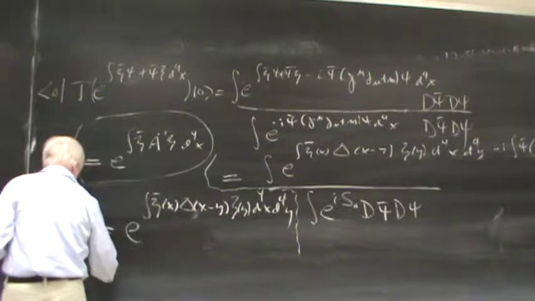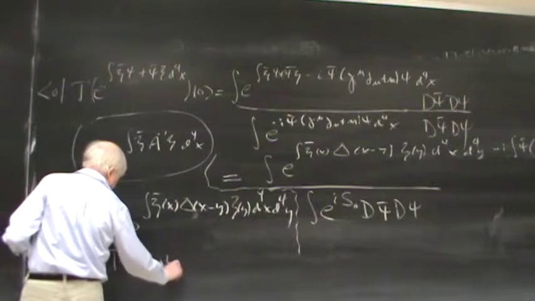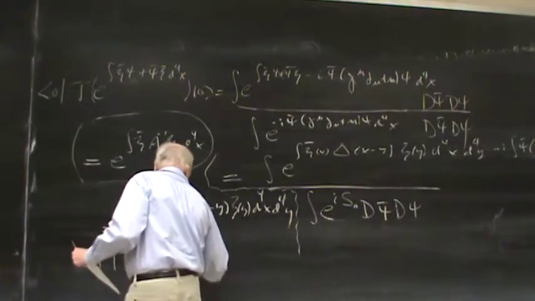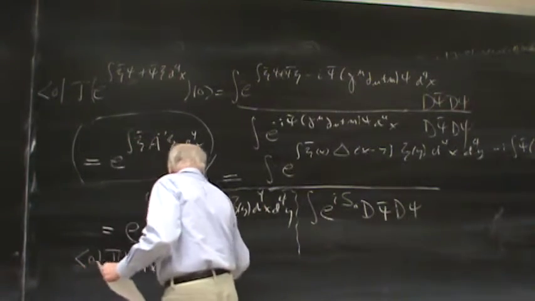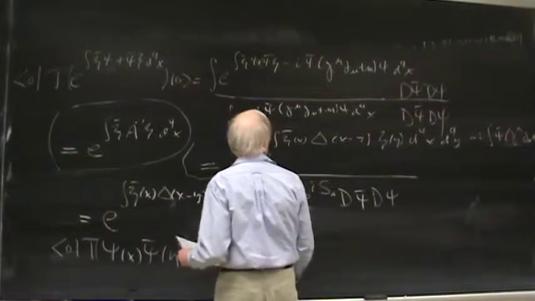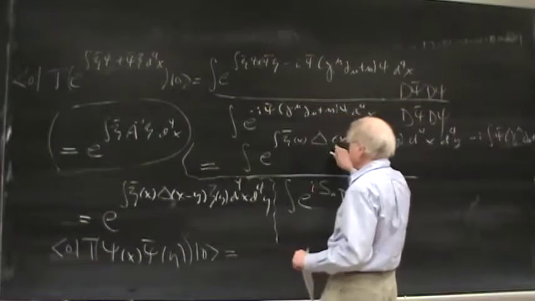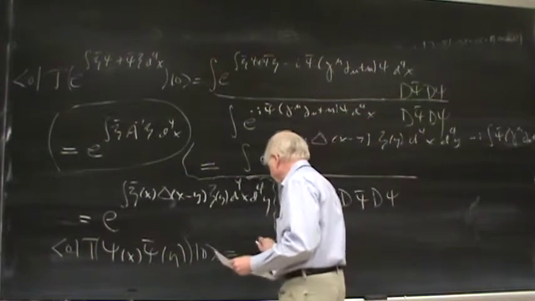In doing that, what we get is the time-ordered product psi of x, psi bar of y in the vacuum is, well, it's this delta, nothing more than delta.